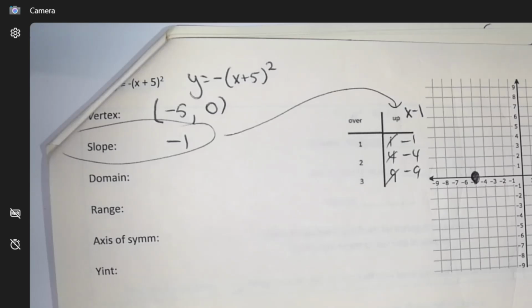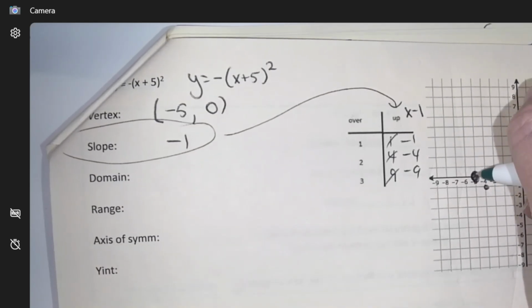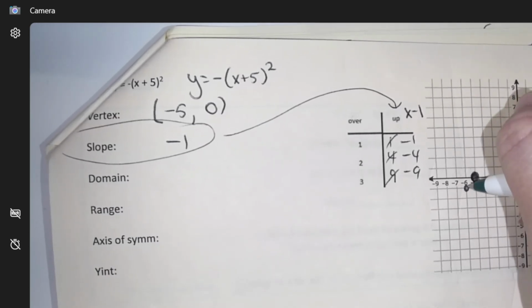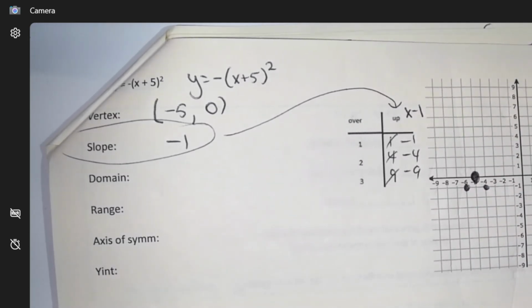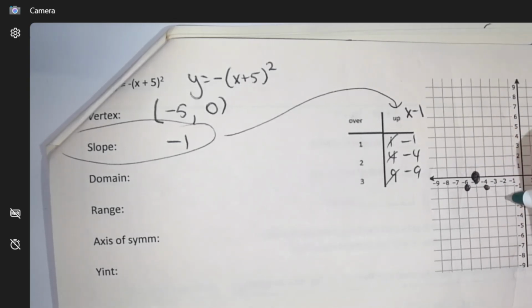So can you start on the vertex, head over 1 and down 1? Are you always resetting yourself? Go back to the vertex every time. Okay, reset, 2 over, 4 down.